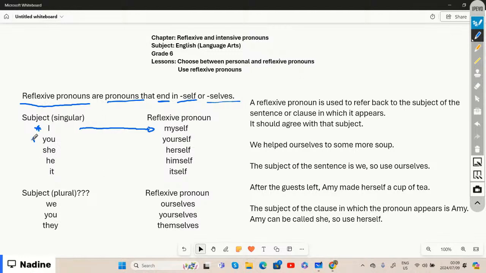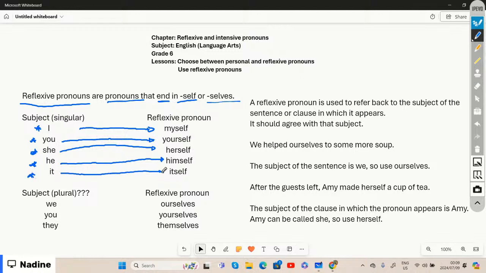If we are referring to you doing something, as a singular subject, one person doing something, then the reflexive pronoun would refer to yourself. So it's I, myself; you, yourself. If she did something, then it's herself. If he did something, then it's himself. And if we're referring to it, then we're referring to itself.